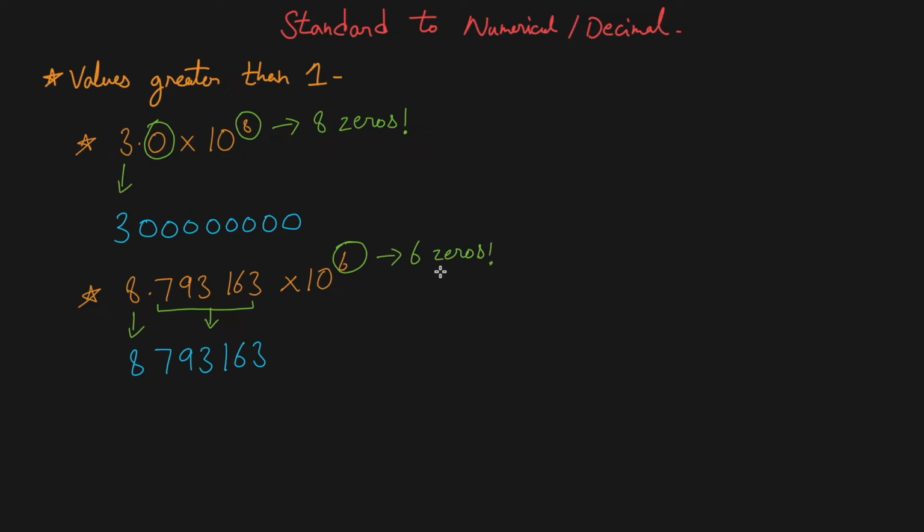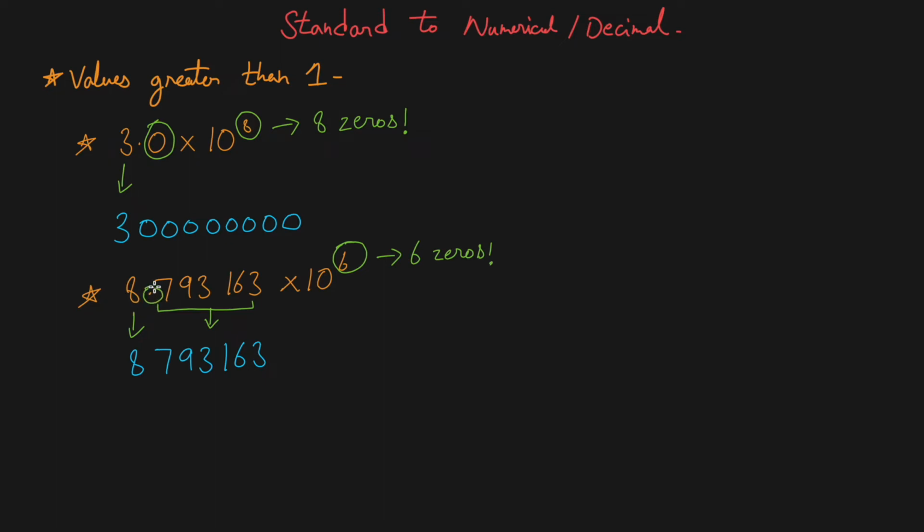But how do we write the zeros here? Here we have the decimal point, and after that we have 6 numbers. So how do we introduce these 6 zeros? In this case we're going to look at this decimal point.